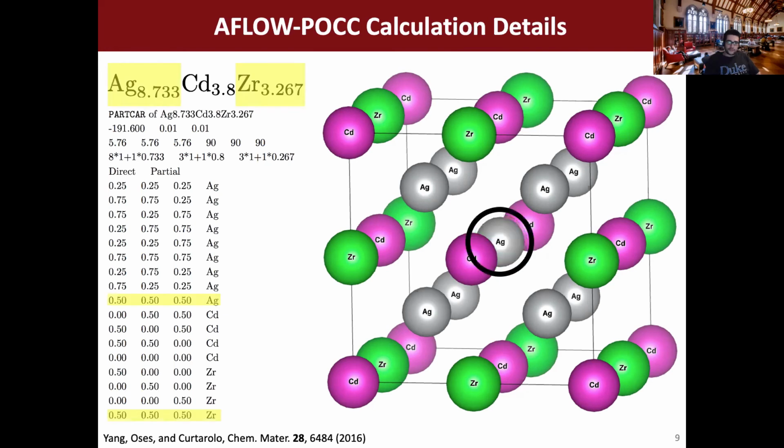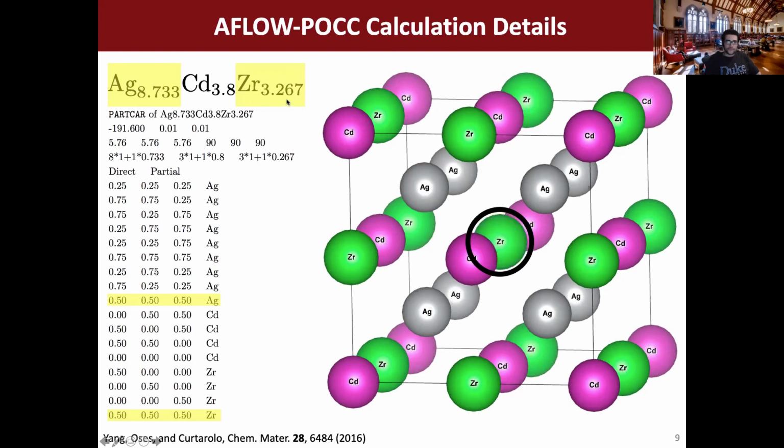So what does the disordered structure look like? We have this site in the middle that is partially occupied between silver and zirconium, and if you look at the concentrations, at this single site you're going to have more silver than zirconium.